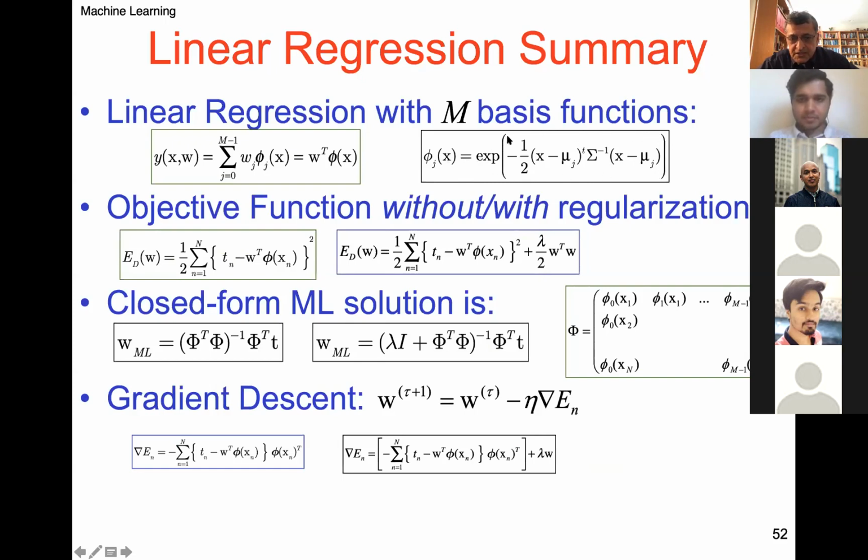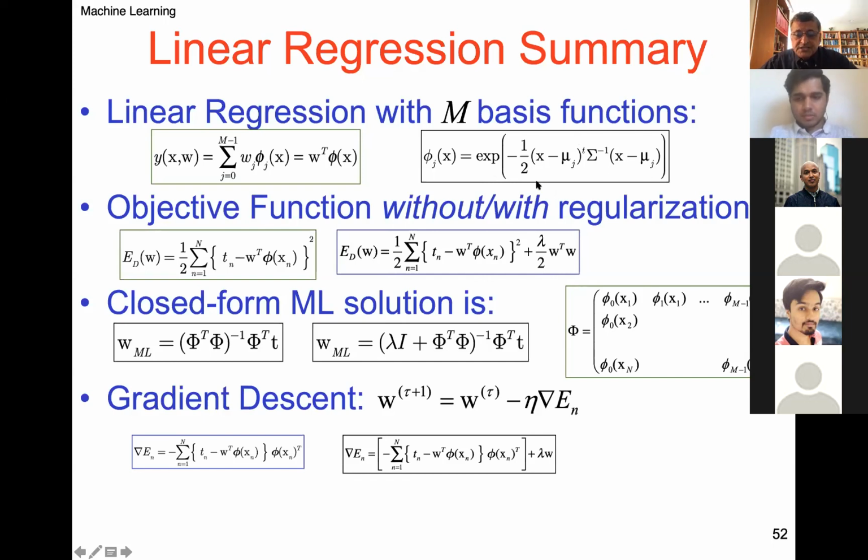This whole thing is a scalar quantity. Like a Gaussian distribution, when you plug in an input, it gives you a value of a probability density function. It's a scalar value, some real number.